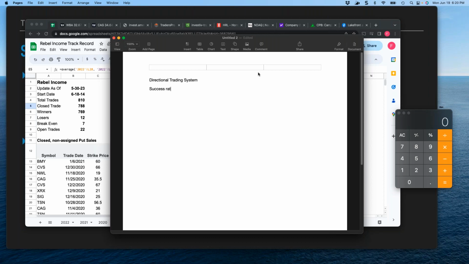Success rate is 30%. Which also means that the system loses 70% of the time.